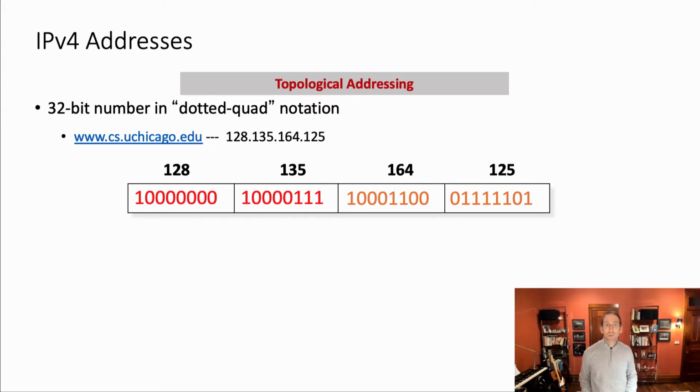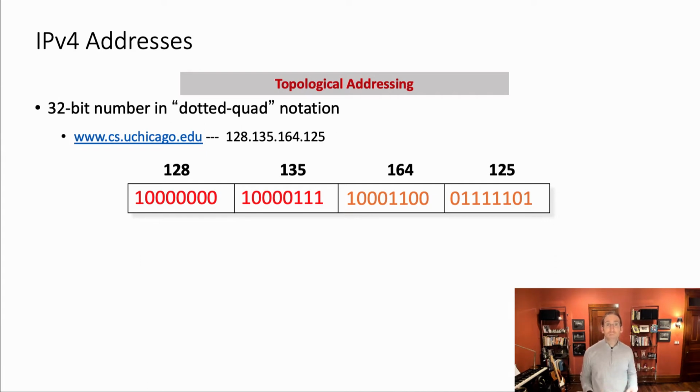A common version of this protocol on the internet is IPv4, and so we often talk about IPv4 addresses, which have 32 bits. There are 2 to the 32 IPv4 addresses on the internet. There's also a version of the Internet Protocol called IPv6, which has 128 bits.